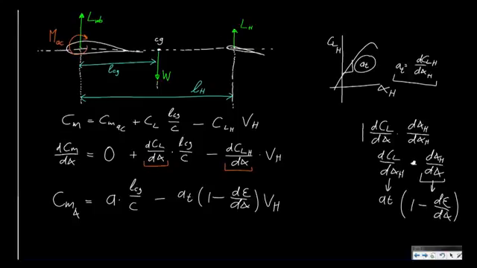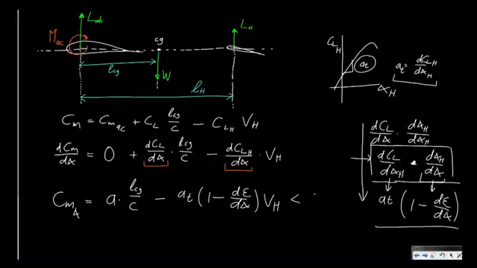And that's this trick: just multiplying it by 1 and then writing it in a different way. You might also recognize this as the chain rule for derivation. So here we have the Cm alpha, and this had to be smaller than 0. It had to be negative for stability.